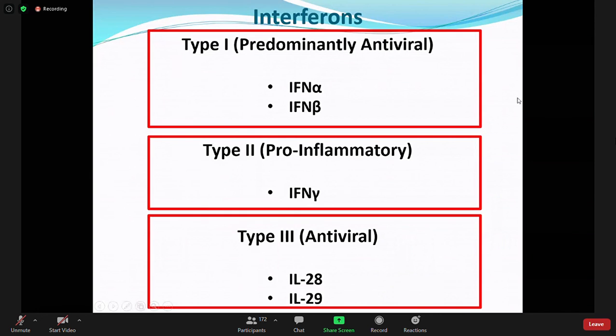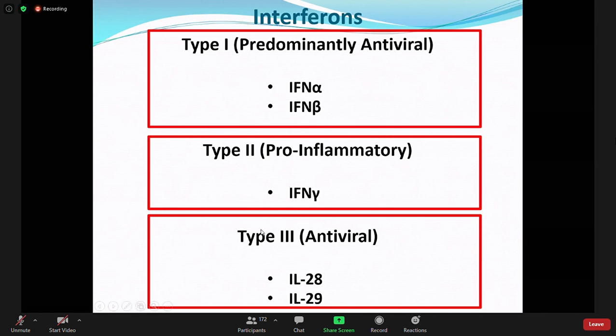Interferon beta is now an important therapeutic agent, still experimental, for treatment of diseases like multiple sclerosis, hepatitis C infections, and so on.